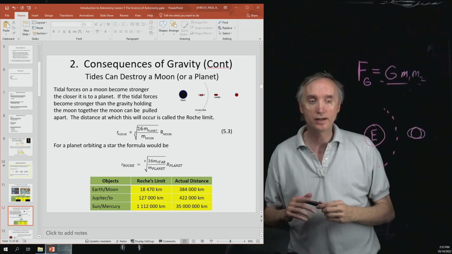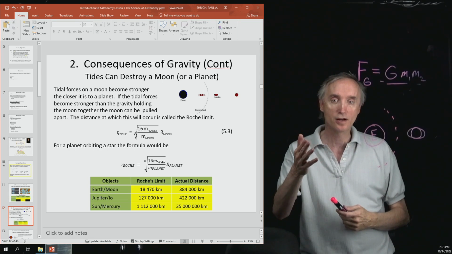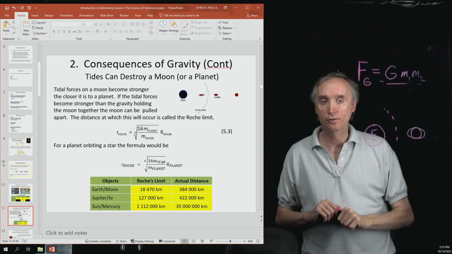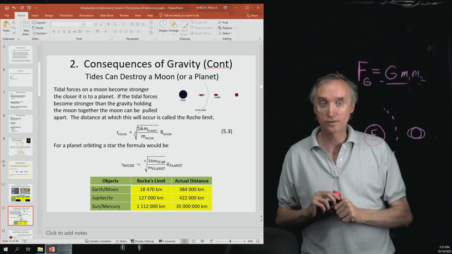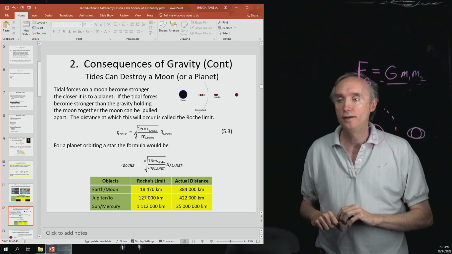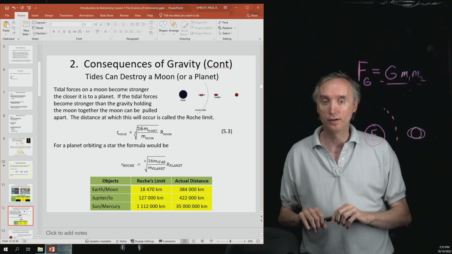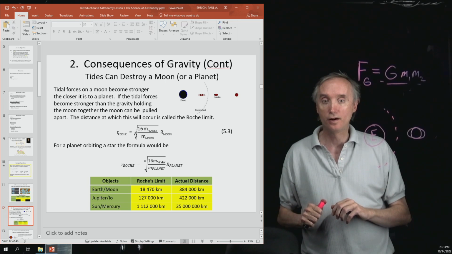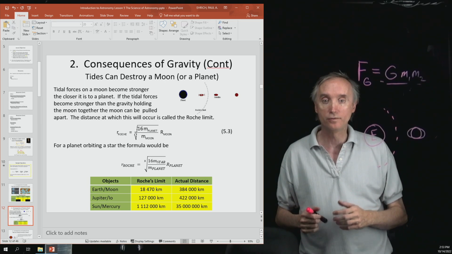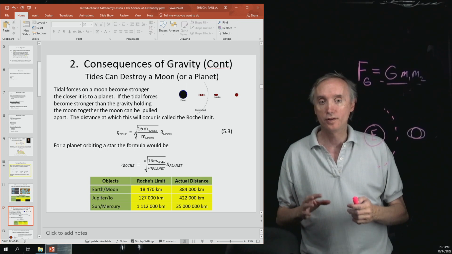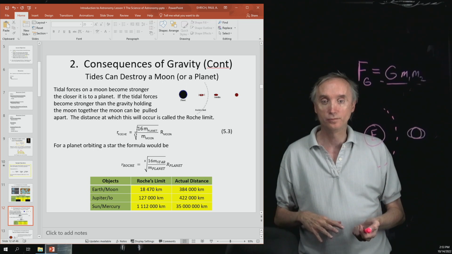Well, we could actually calculate that, and so there's a couple of formulas there for calculating the Roche distance. And in the box down below, I give some typical Roche limits based on the mass of the objects involved. So the first one is, what would be the Roche limit for the Earth-Moon system?